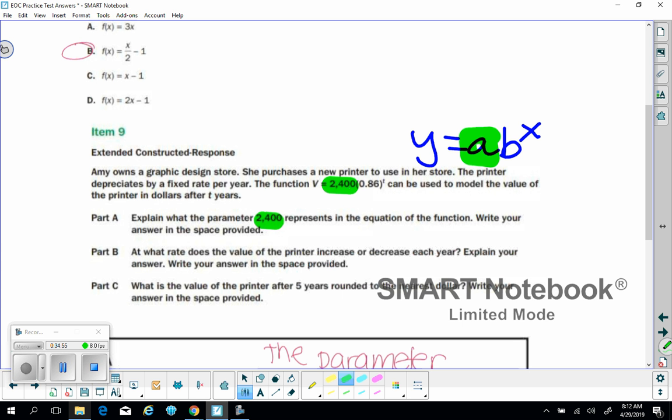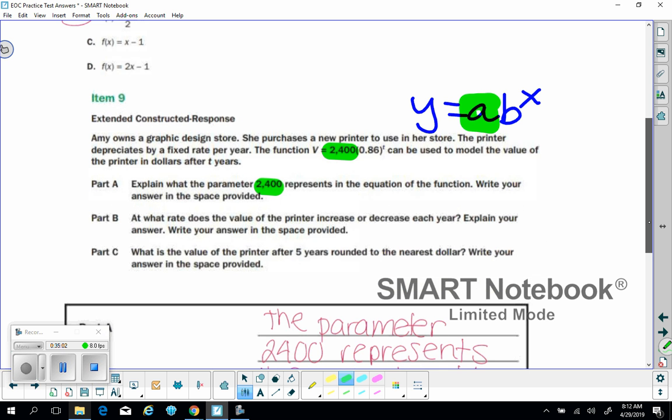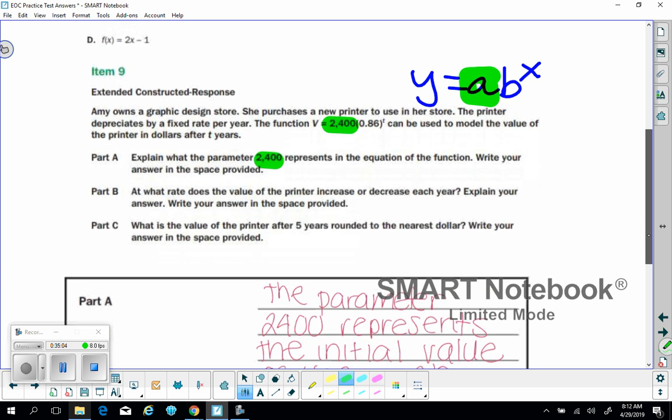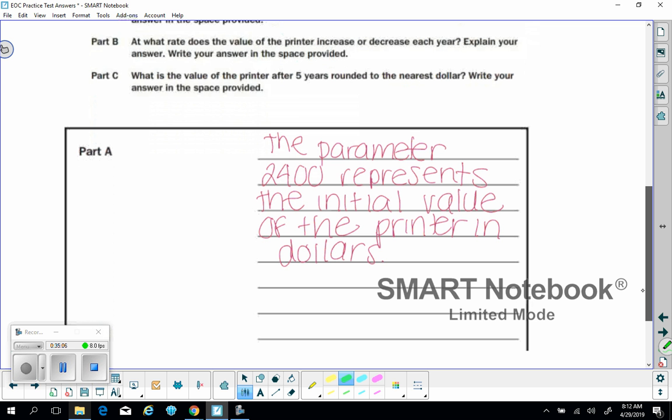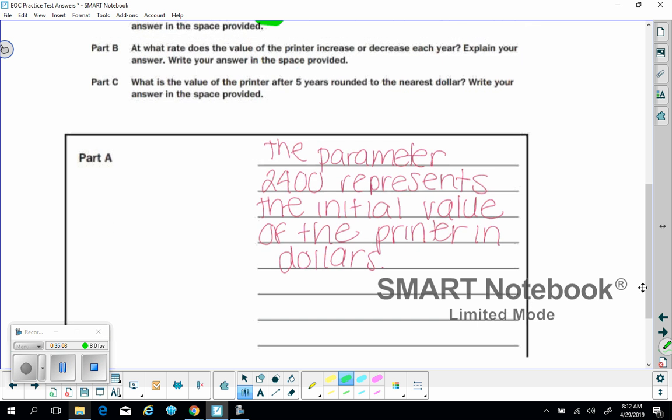She purchases a new printer to use in her store, and then it depreciates by a fixed amount. So it's what it starts at, right? It's the initial value of the printer in dollars. It's how much it was worth at the beginning, the initial amount. If you put that it was the y-intercept, I guarantee you would give partial credit.